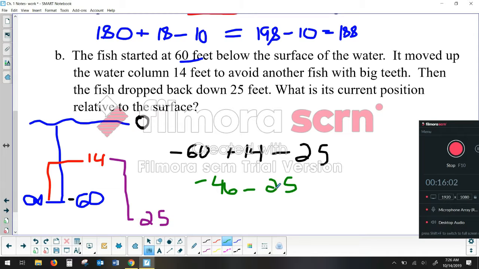So now we're combining the same terms. So we just know it's going to be negative. They both are negative. Then you add 46 and 25, and you have 71. We have negative 71 feet is below the surface. It's down 71 feet.